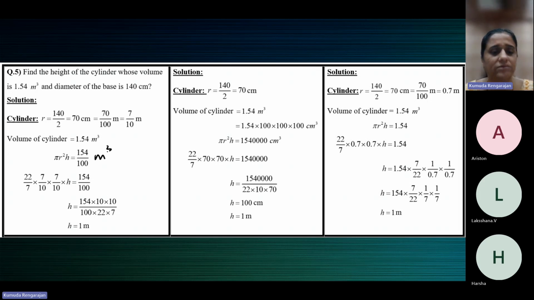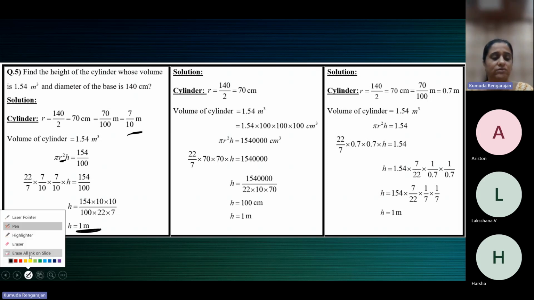This is meter cube only. So 22 by 7 into r, which is 7 by 10 meters, so 7 by 10 into h is equal to 154 by 100. Work this and find the value of h, 1 meter.